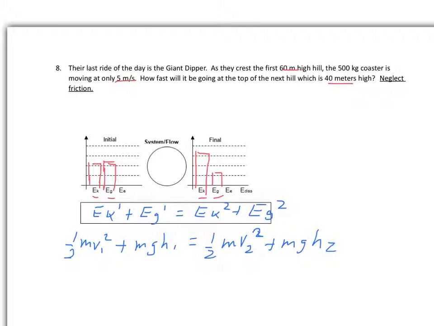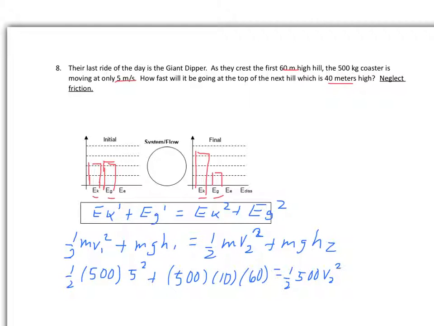Let's put in our numbers. We've got a 500 kilogram roller coaster, so we're going to have 1/2 times 500 times 5 squared plus 500 times 10, because that's g, times this first height, which is 60. And that's going to equal 1/2 times 500 times v2 squared, which we're trying to find out, plus 500 times 10 times 40.